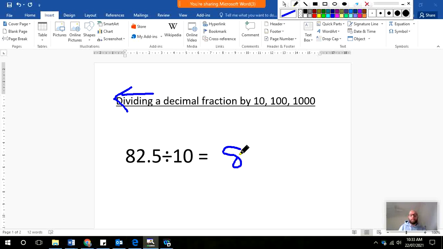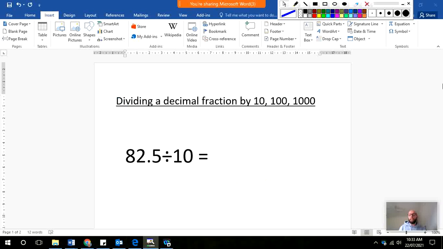If we put the 8, the 2, and the 5 down, the decimal point was here. It now goes 1 to the left and becomes 8 and 25 hundredths. So 82.5 divided by 10 is getting 10 times smaller, which means it moves across to the left one, 8.25.